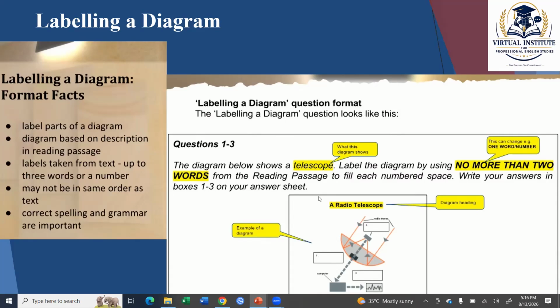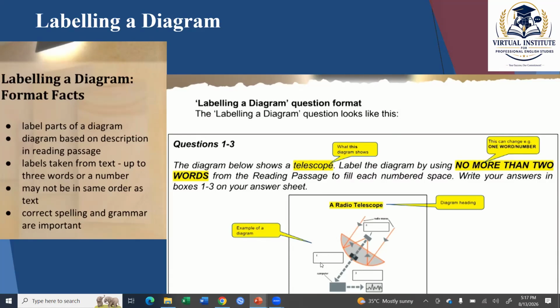Write your answers in boxes 1 to 3 on your answer sheet, right? So you have questions 1 to 3, and you have to answer all these labels, but you should not write more than 2 words, as is highlighted here, and you can take these labels out of the reading passage.